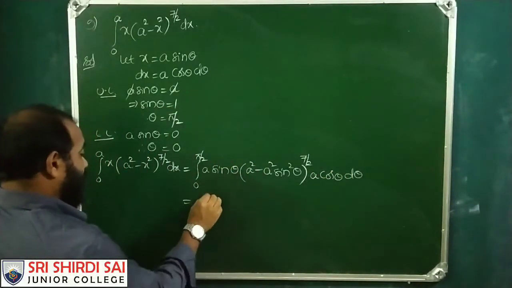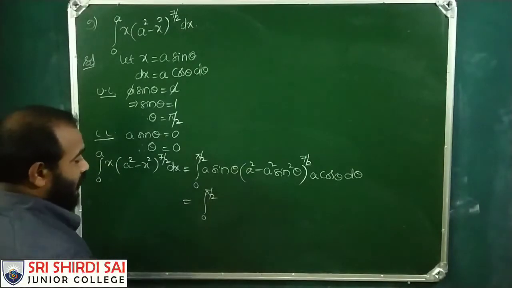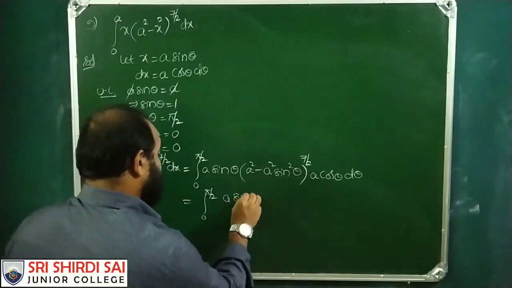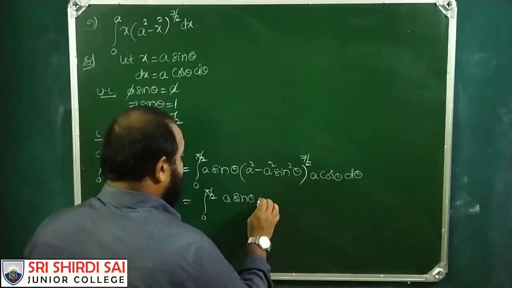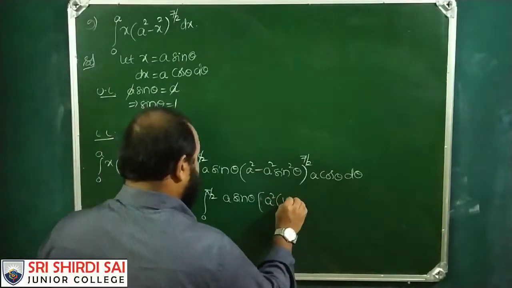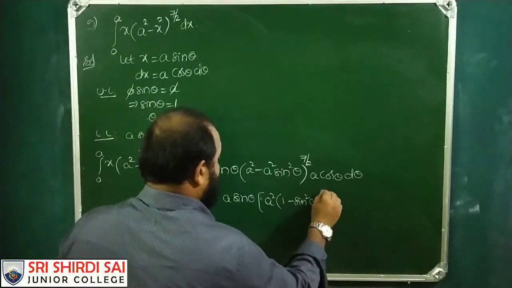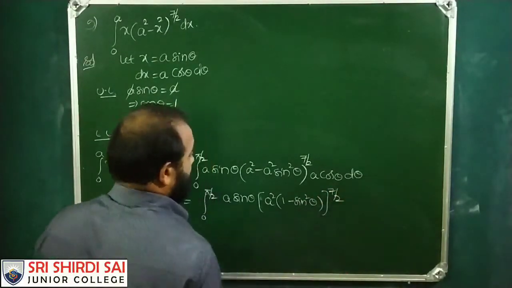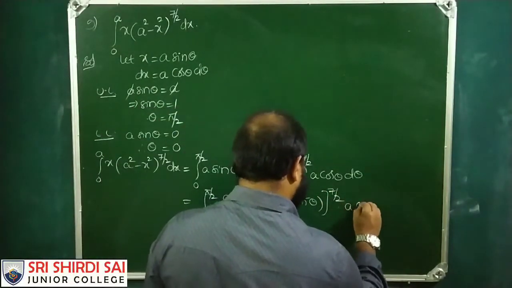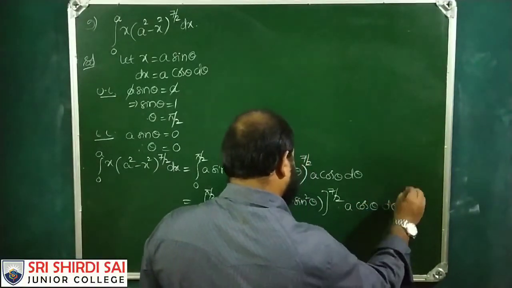So the integral from 0 to pi by 2 of a sin theta. Take a square in common, (1 minus sin square theta) whole power 7 by 2 into a cos theta d theta.